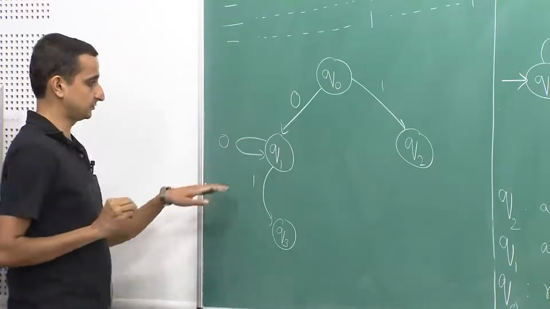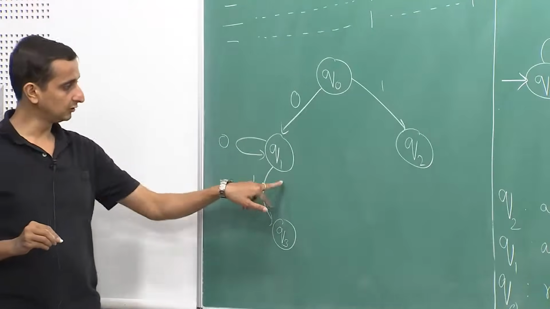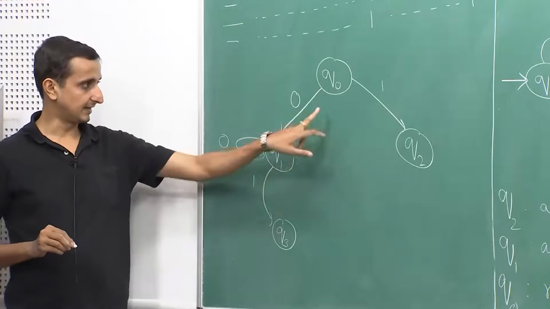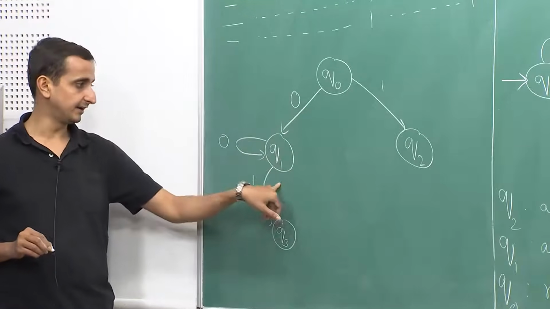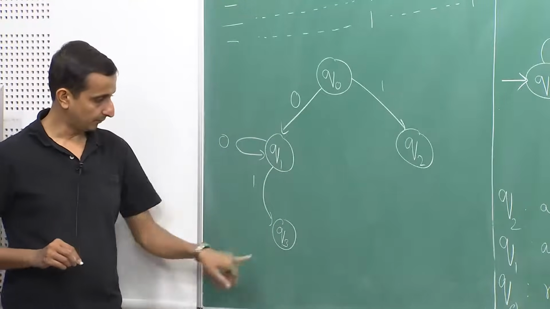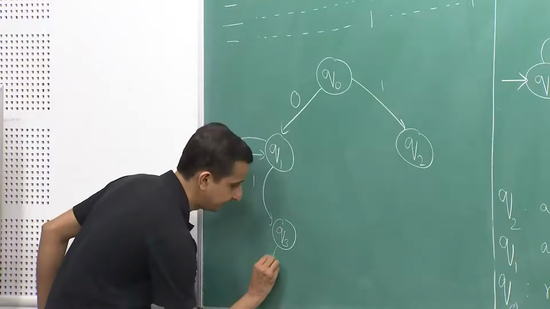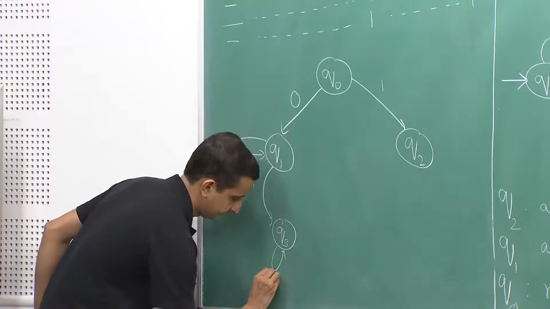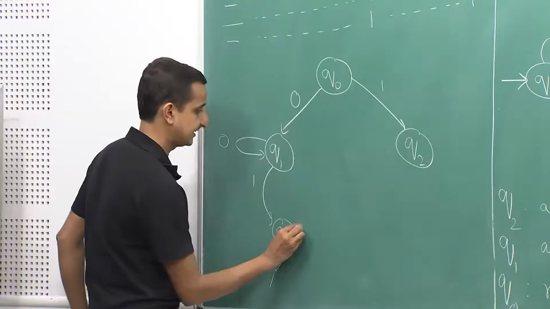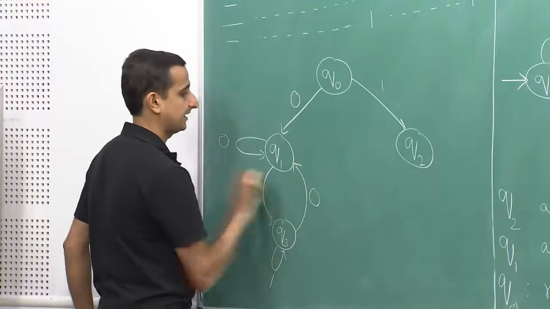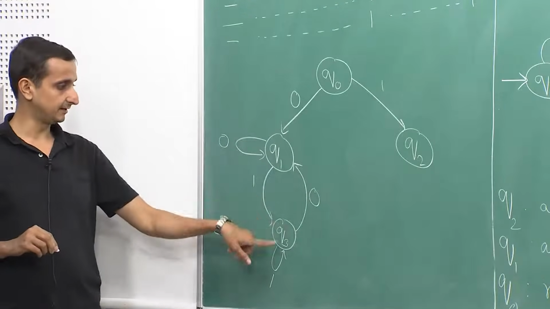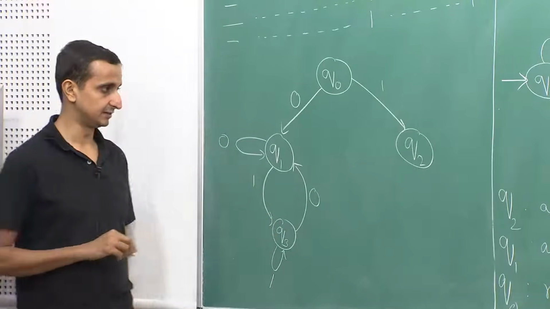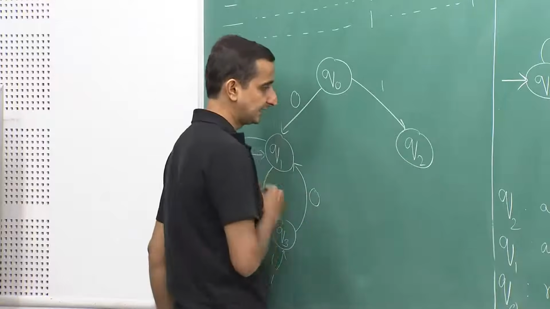Okay, so Q1 corresponds to all those strings that begin with a 0 and end with a 0. From Q3, if I see a 1, then I will stay at Q3 itself, and if I see a 0, then I go back to Q1, because this means that the last symbol that I have seen is a 0, and I do a similar thing at Q2 as well.